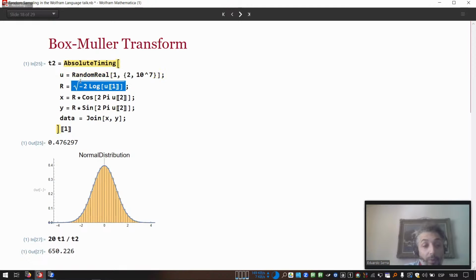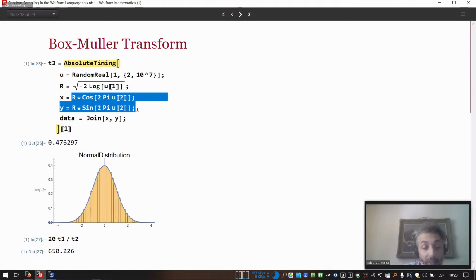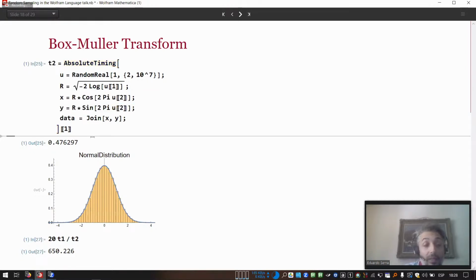One of them we use to compute the radius, and the other one we use to compute the angle, and we project onto x and y, and this gives us pairs of normally distributed random variables, as we saw before. And this is computing 2 times 10 to the 7 pairs, as opposed to 10 to the 6 for the inversion formula. So this is over 650 times faster.